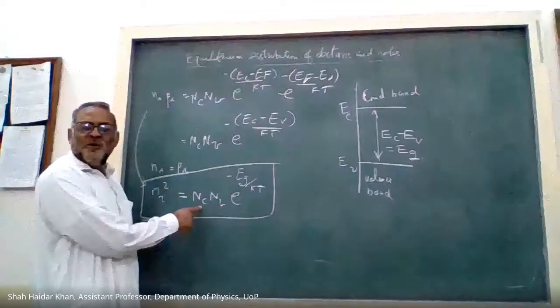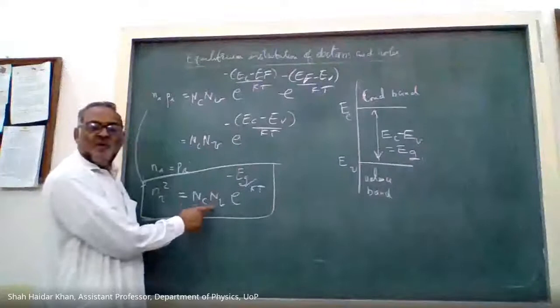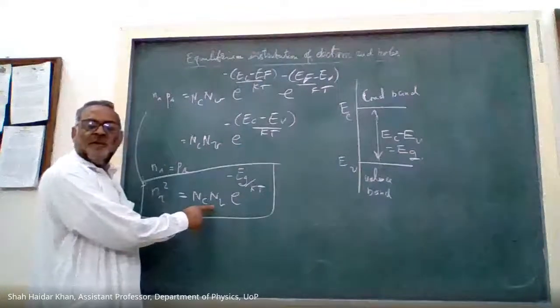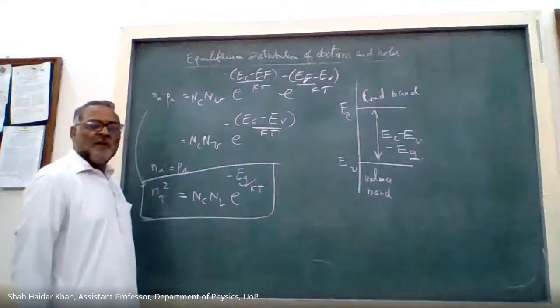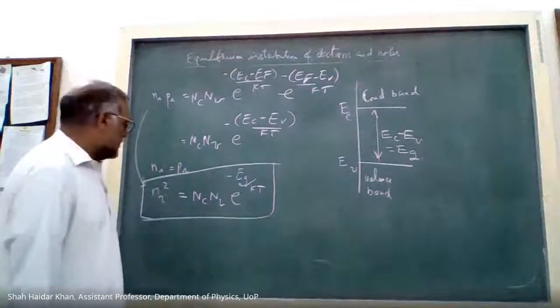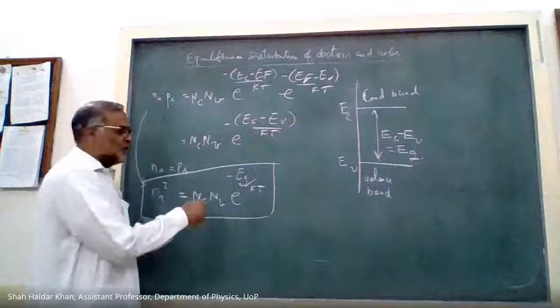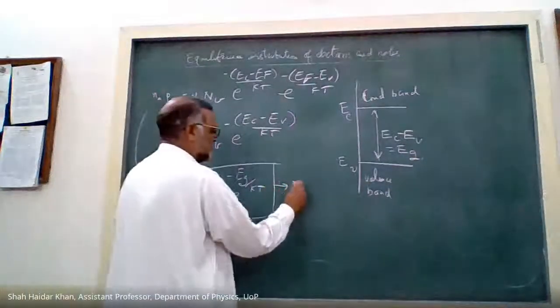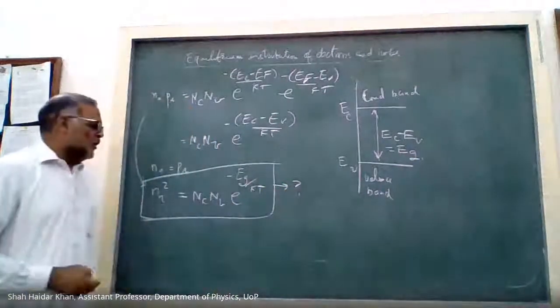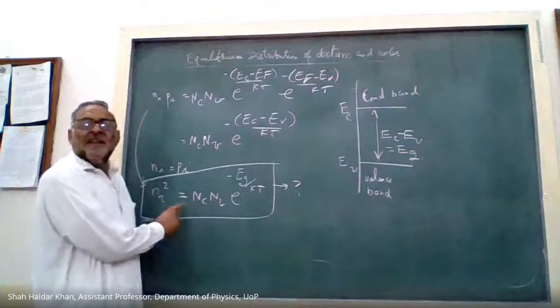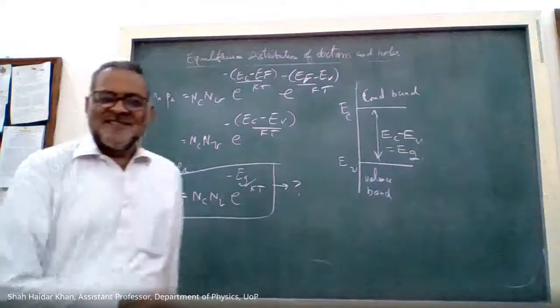So if we know that, we get NC. Similarly, we know the constants for the valence band density of states function. So from this equation, we get the intrinsic carrier concentration.